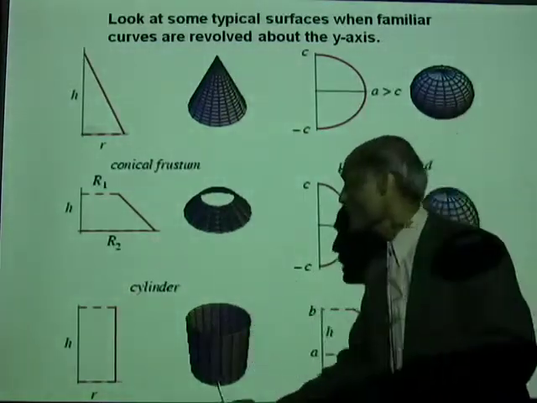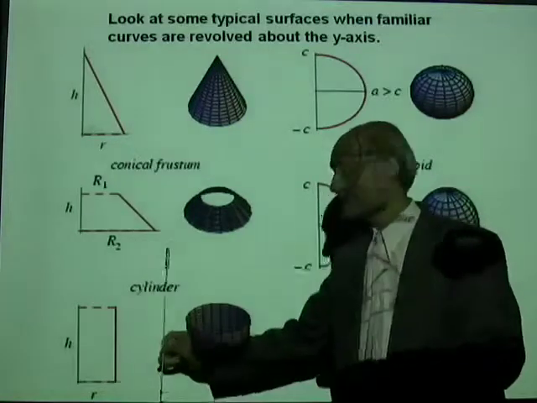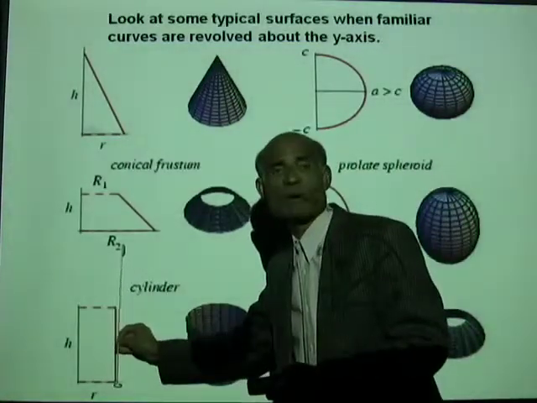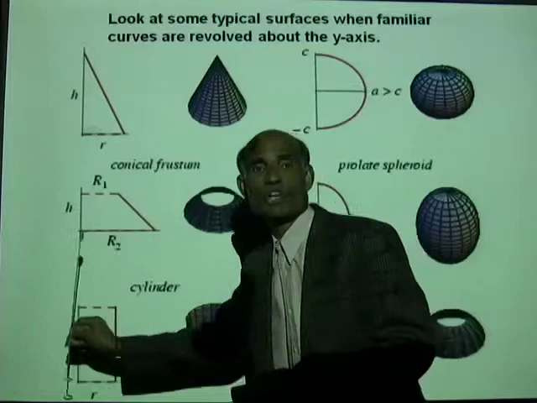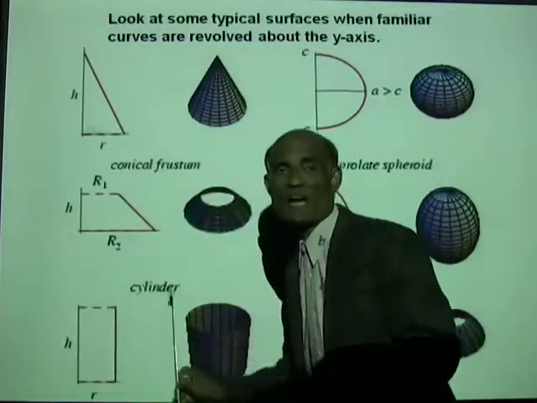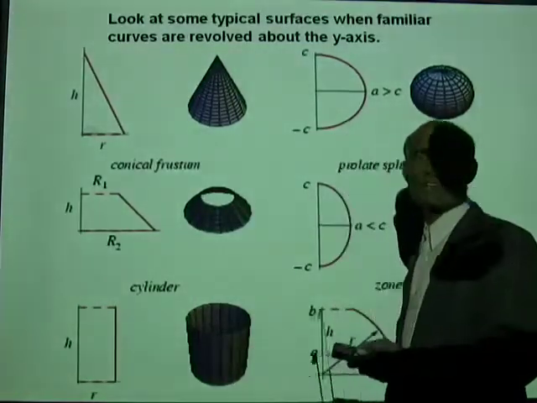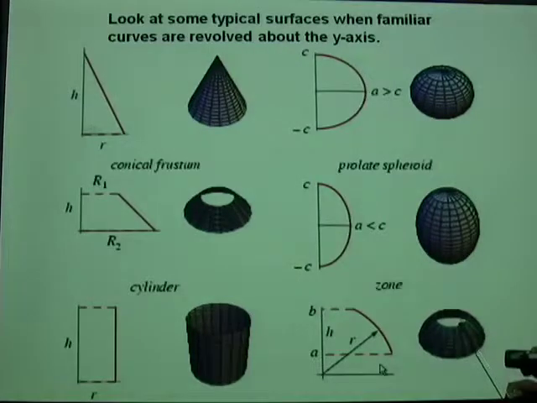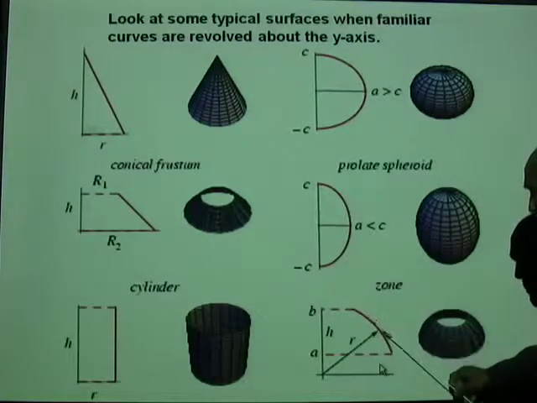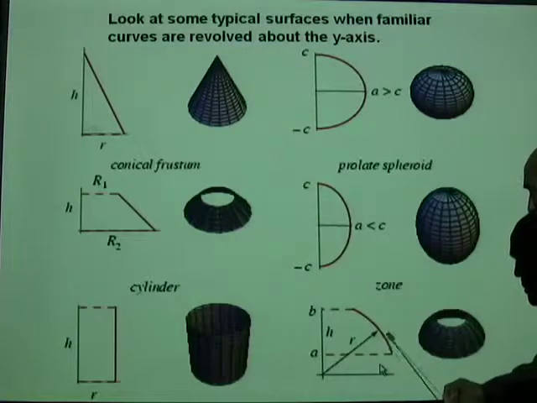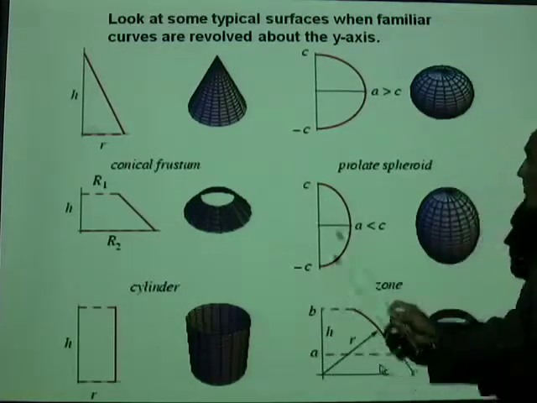And look at how a cylinder is generated. A cylinder is generated by revolving a vertical line about the y-axis. And finally a zone, a curve like this, revolved about the y-axis.